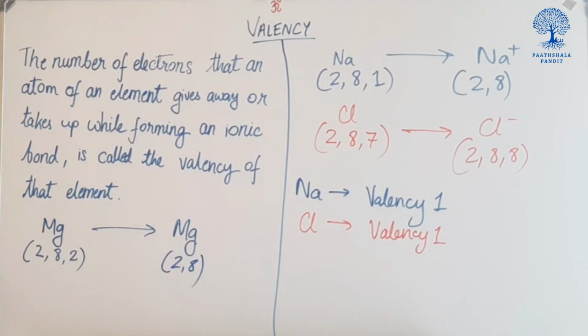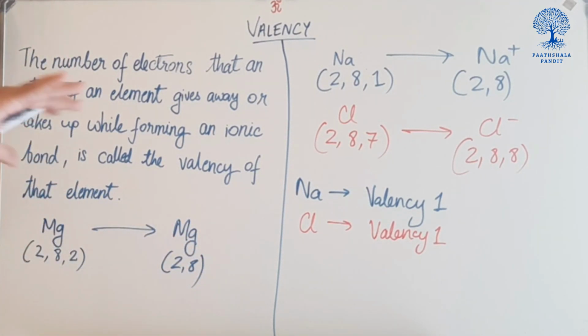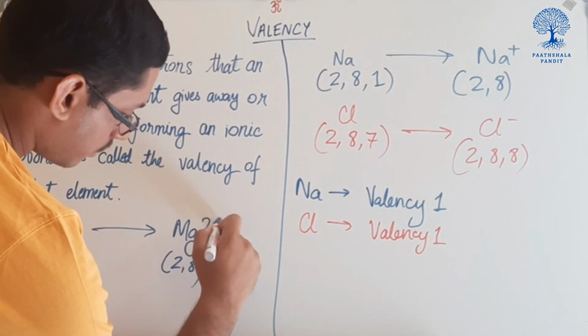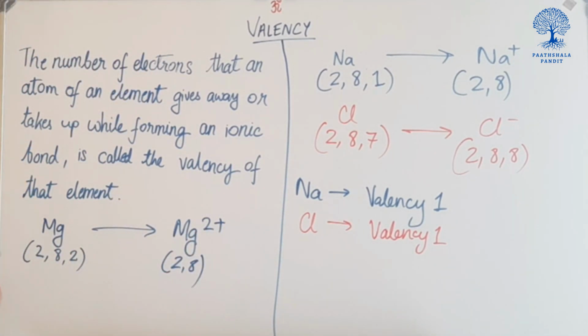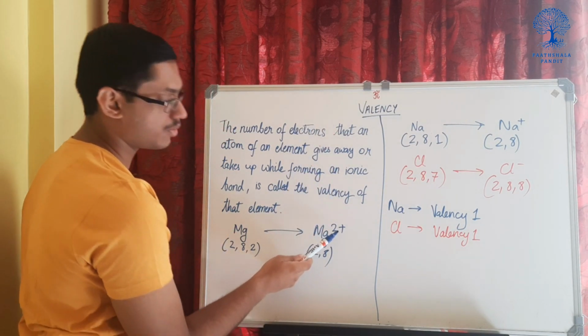What does that mean? It will give out 2 electrons, which means it will remove 2 negativities, so it will become 2 times positive. For sodium it was 1 plus, here it will become 2 plus.